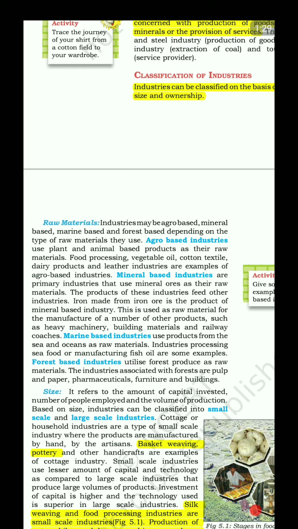The mineral-based industries are iron ore industry, heavy machinery, building material, railway coaches. Marine-based industry includes seafood manufacturing, fish oil, etc. Forest-based industry includes pharmaceuticals, furniture, pulp and paper. So these were on the basis of raw materials.